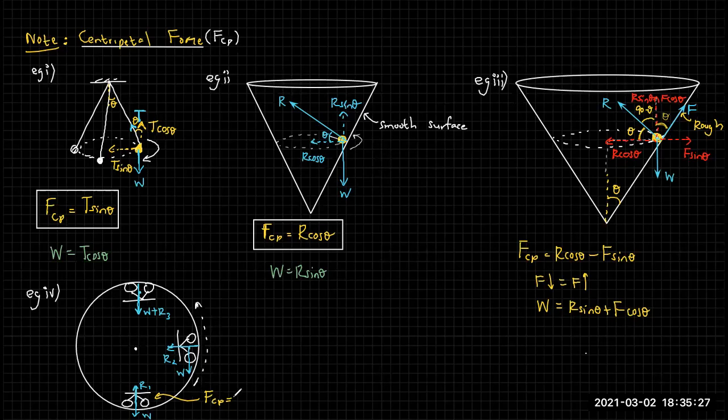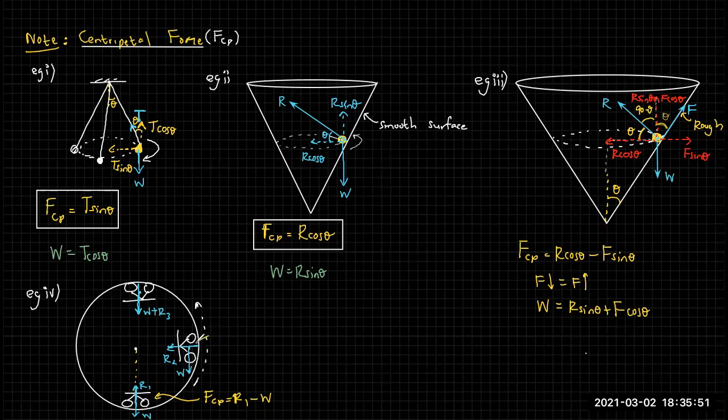It is R1 minus W. Why are you forgetting about W? R1 is towards the center. W is along that line, people. You have to put the resultant force like we did here. Here we put R cos theta minus F sin theta. Similarly, here we put R1 minus W because W is in the opposite direction.